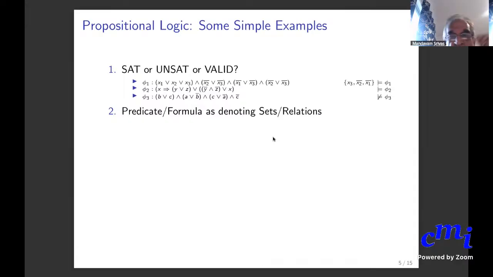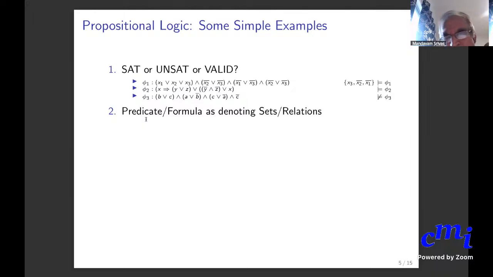This notion is probably familiar to you, but I want to emphasize this because, especially when it comes to modeling software behavior, program behavior, using logic, it is important to see formulas as predicates.